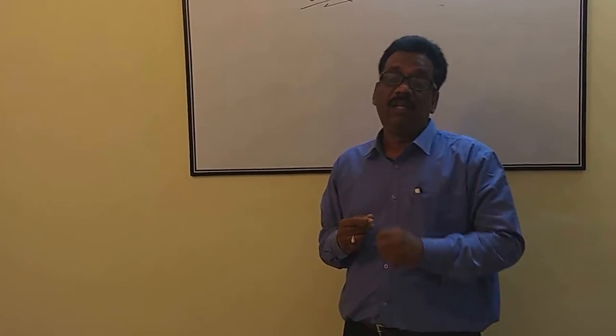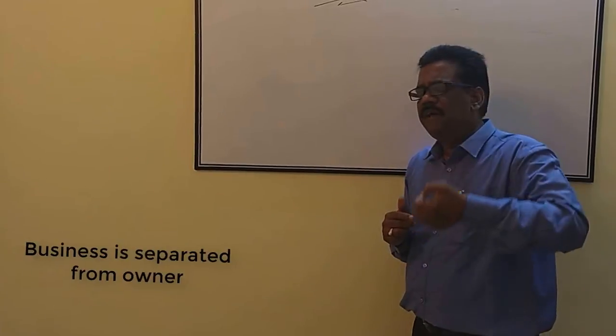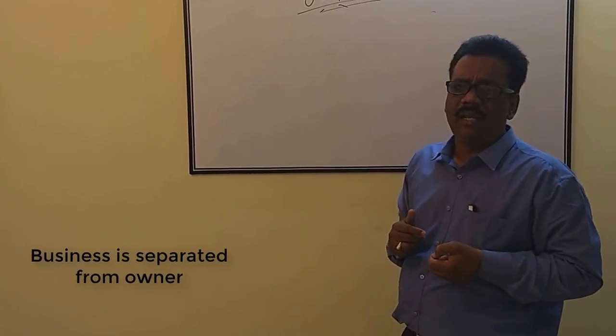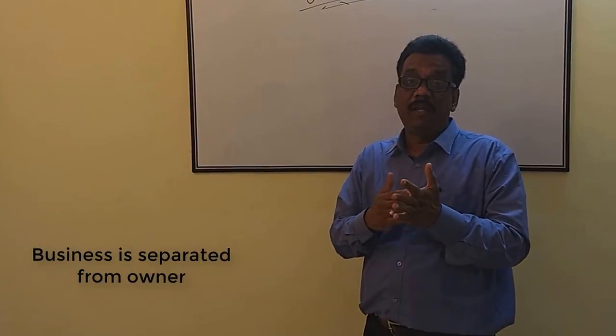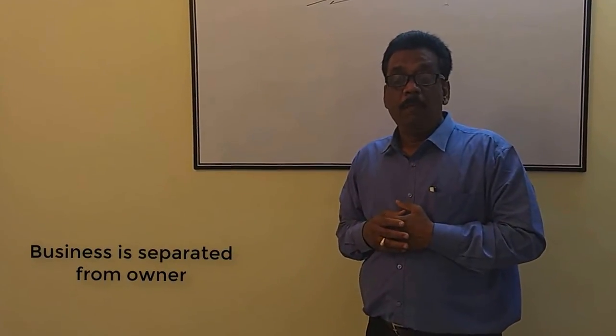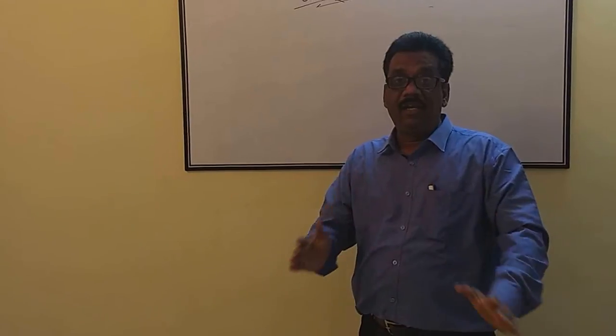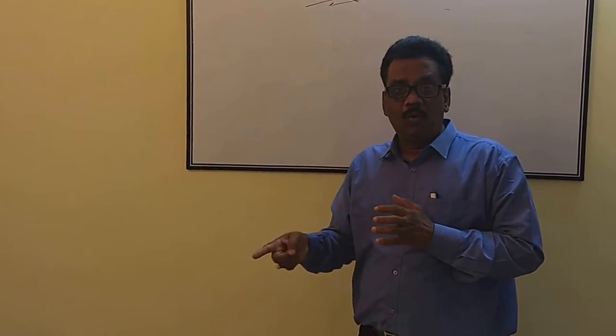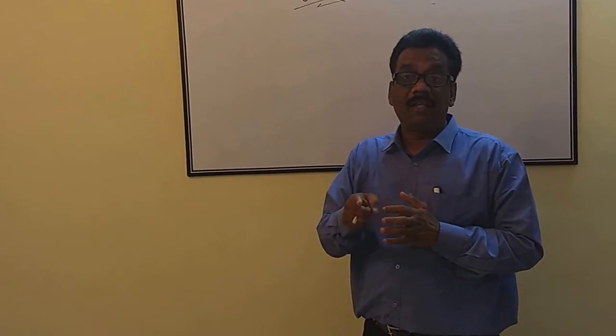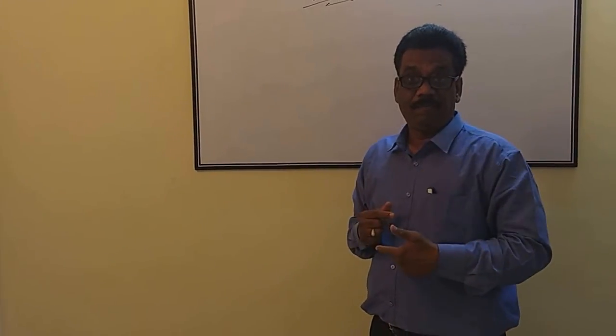The next one is the entity. This is the most important concept, one could understand, and it may sometimes also cause confusion. A business has a separate entity just like an individual. It can be sued by others and can sue others.